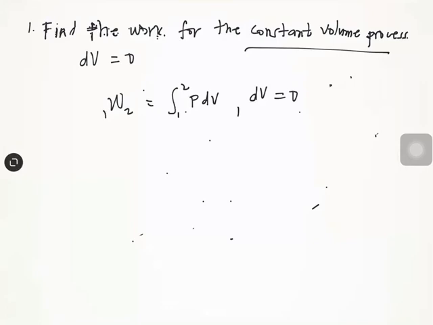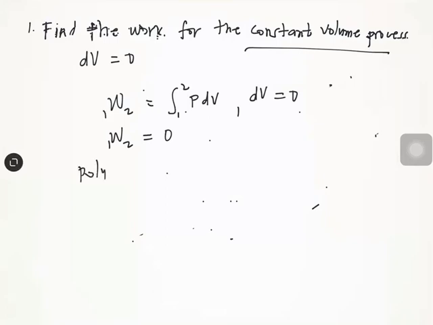So there is no work for a constant volume process, as you can see in this equation. You have no work, or your work is 0. And the same is true for a polytropic process.